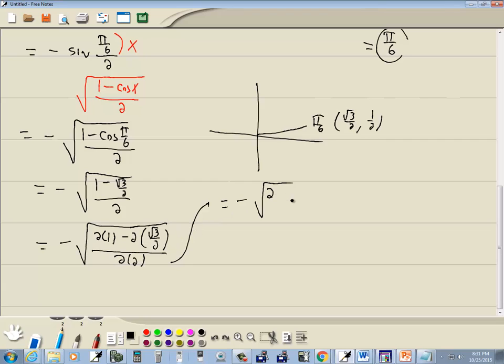These 2's cancel, so I got minus square root of 3 over 2 times 2, which is 4. And we don't want a fraction inside of a radical. And so we're going to split this up. We'll put a square root around top and square root around the bottom, which works out nice because square root of 4 is 2. So we got minus square root of 2 minus square root of 3 all over 2. And that's our answer.